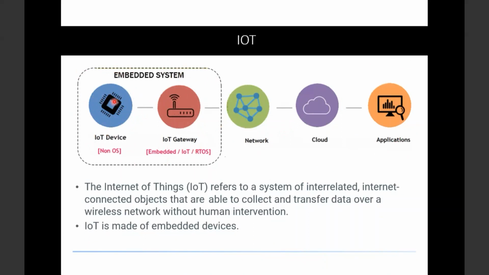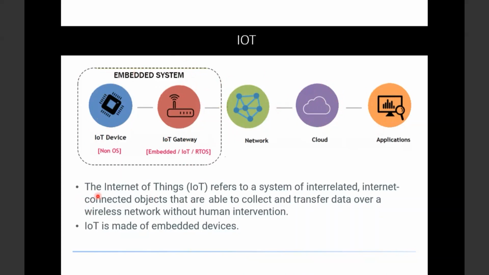The IoT device transmits data to the IoT gateway, and from the gateway it is transmitted to a network, and to the internet through your cloud, and after that, you can access it anywhere, anytime you want. So it means that inside the IoT, there is an embedded system.